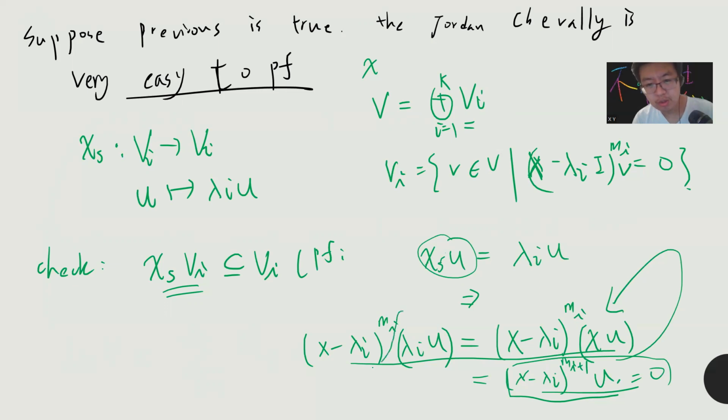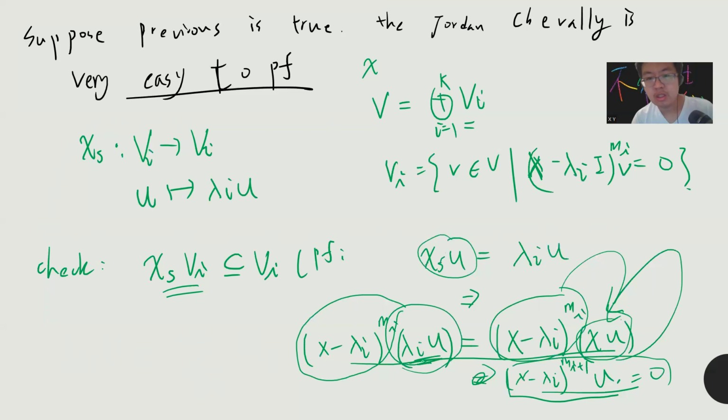If you act with X minus lambda i on this, you get lambda i u. This is just the multiplication by lambda, so it's still in Vi.